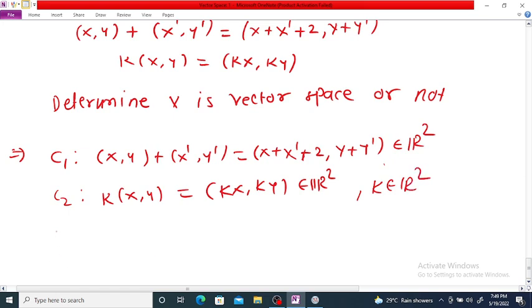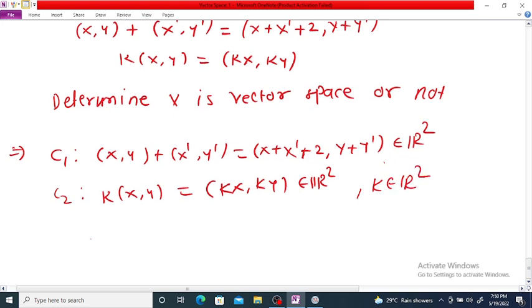For the next condition, we want to show commutativity. Take u bar is equal to (x, y) and v bar is equal to (x dash, y dash).